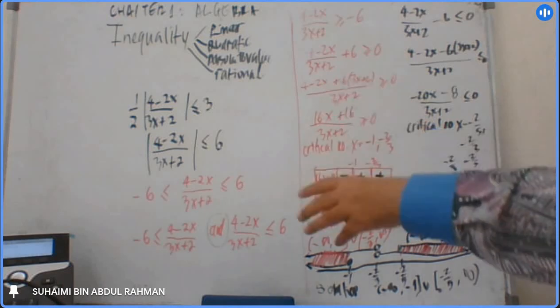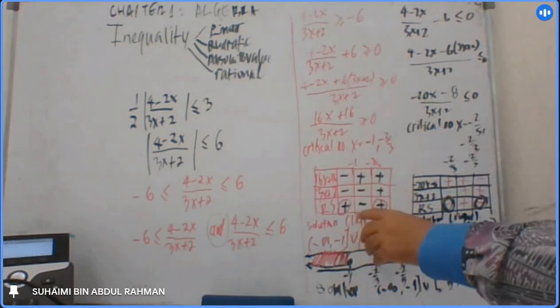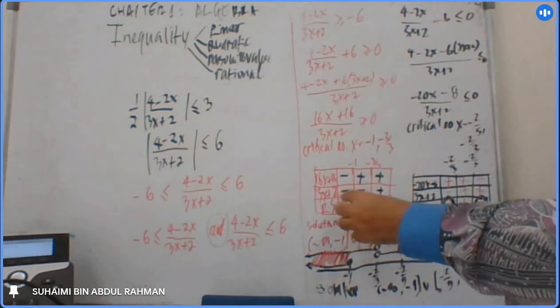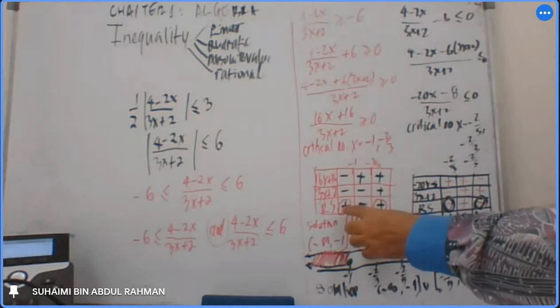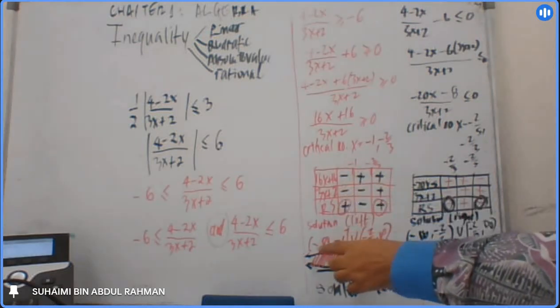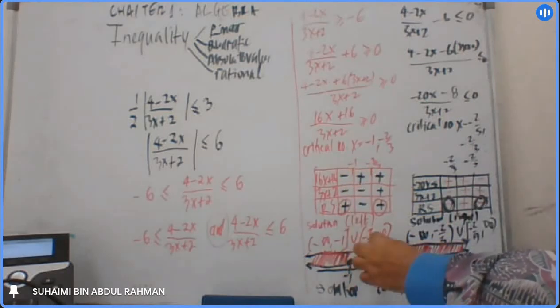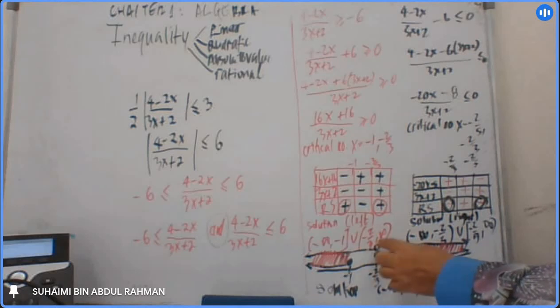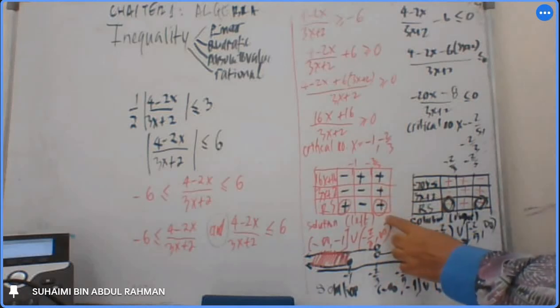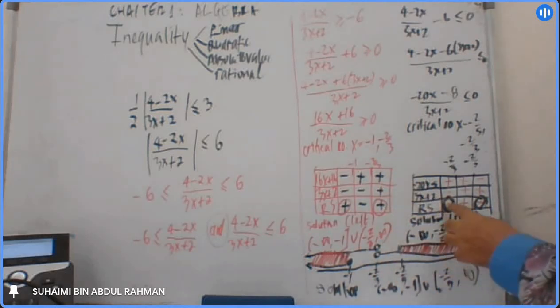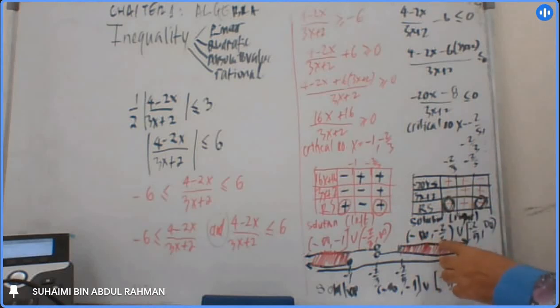If you look at these examples, we have a gap, but that doesn't matter because it comes from minus infinity until minus 1, union with from minus 2 over 3 until infinity. Similarly here, from minus infinity until minus 2 over 3, union with from minus 2 over 5 until infinity.